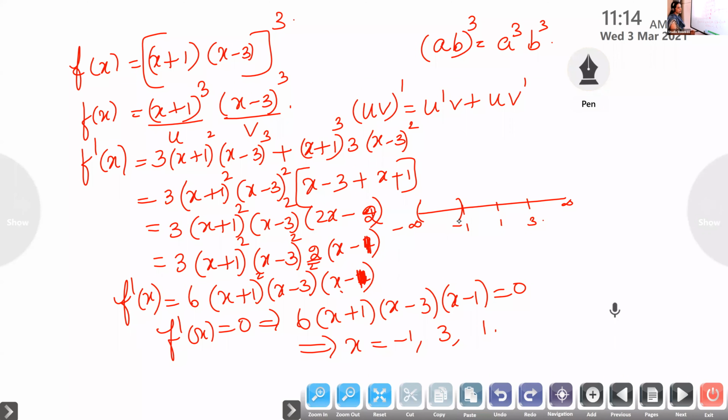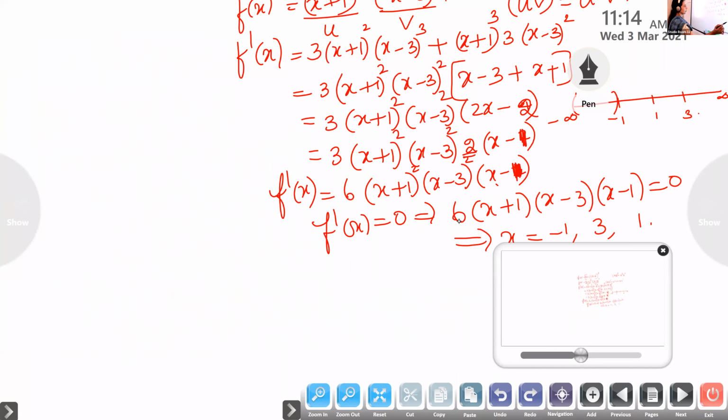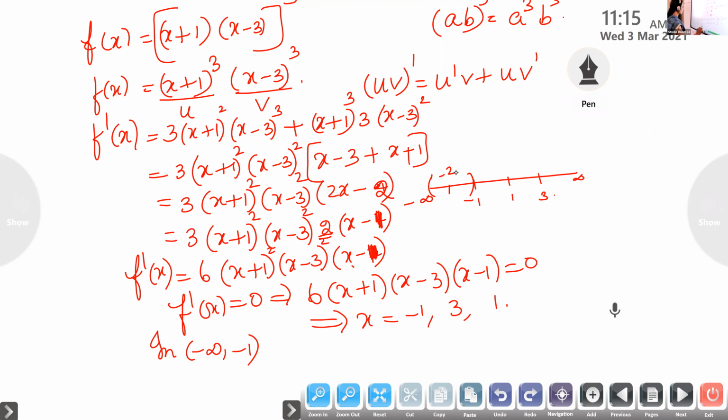Now you select the first interval, minus infinity to minus 1. In the interval minus infinity to minus 1, you select any number, say negative 2, and check what is the sign of f dash of x. So it is 6 into minus 2 plus 1 the whole square, into minus 2 minus 3 the whole square, into minus 2 minus 1.